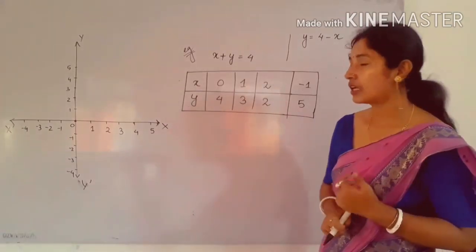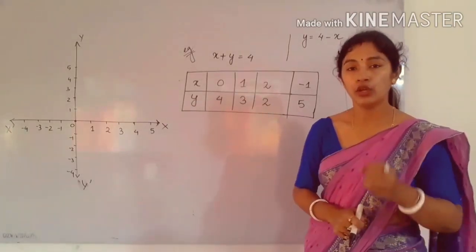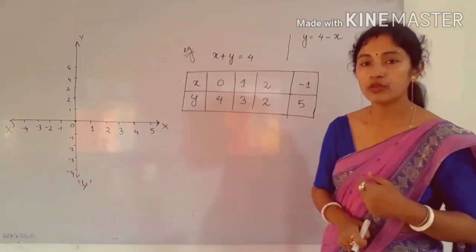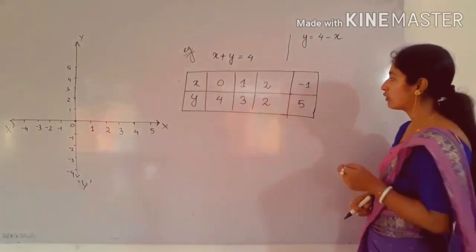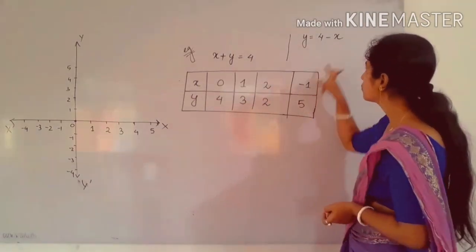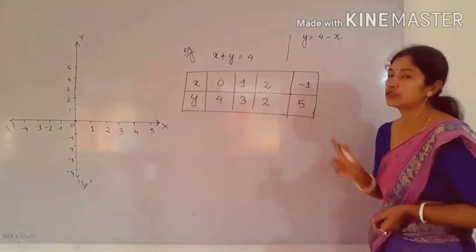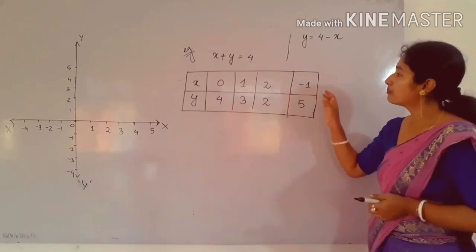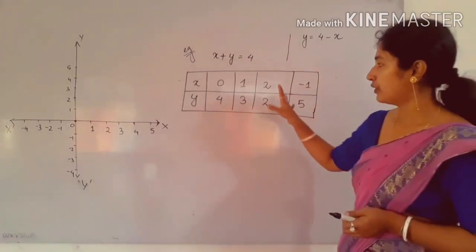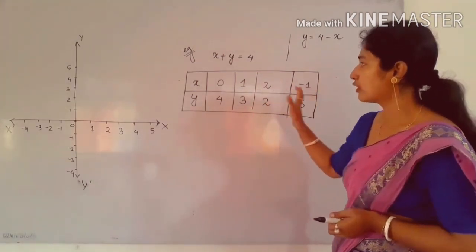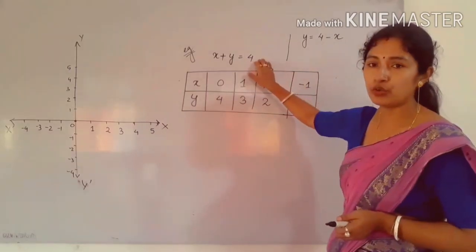Okay, sometimes negative values also come, so you must know how to solve using a negative value also. That's why I have taken one negative number. So when we put minus 1, minus becomes plus, and 4 plus 1 will be 5. So the value of y is 5. Like this I have found four sets of solutions of this linear equation in two variables.